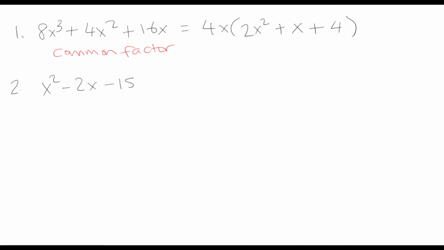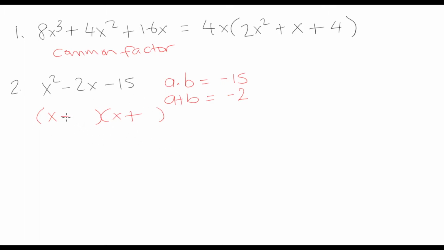So we're going to be able to find two numbers that are going to multiply to -15 and add to -2. And in this case, when we find those two numbers, we're going to be able to express it as x minus and x plus, and it's as simple as just plugging those two numbers into those brackets, and that is our most factored form.